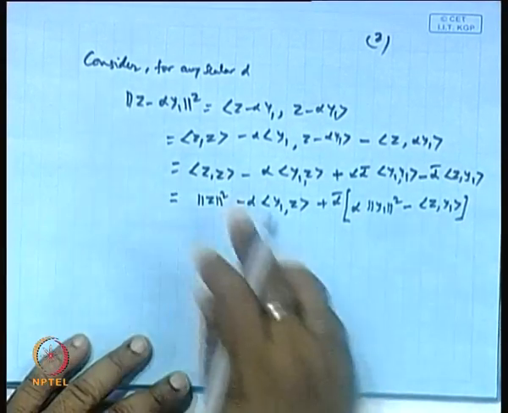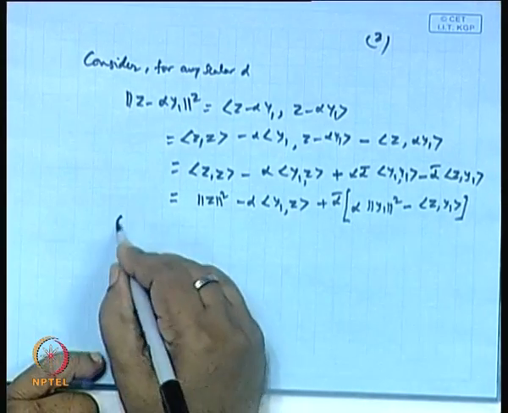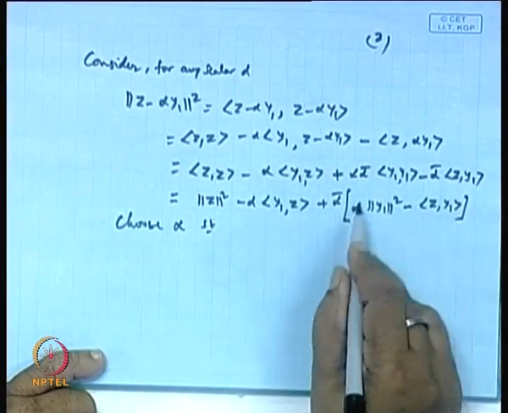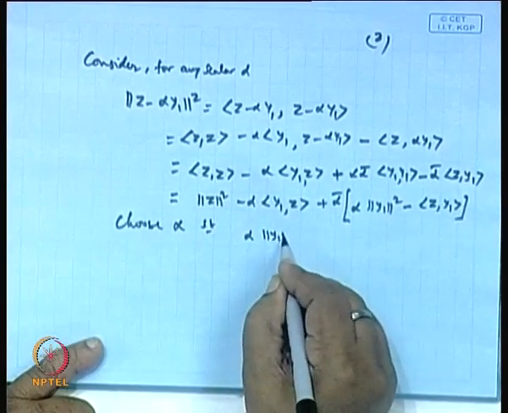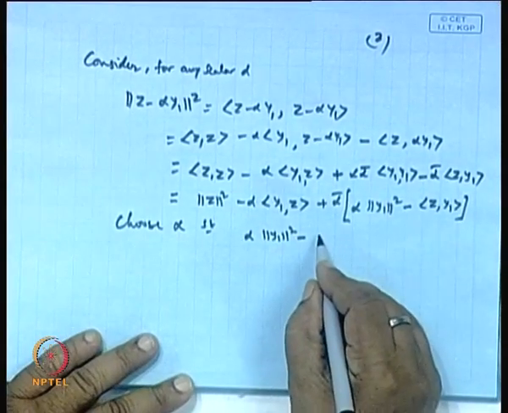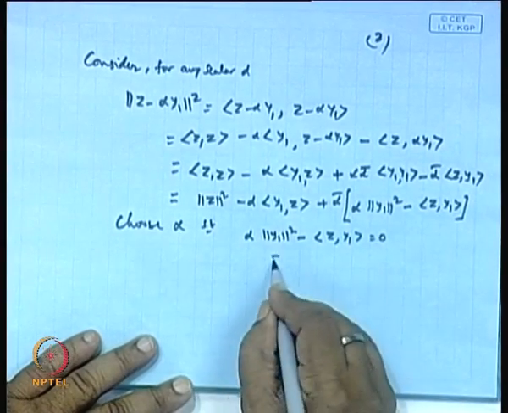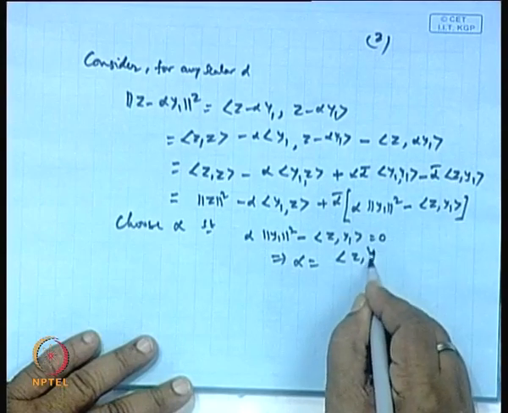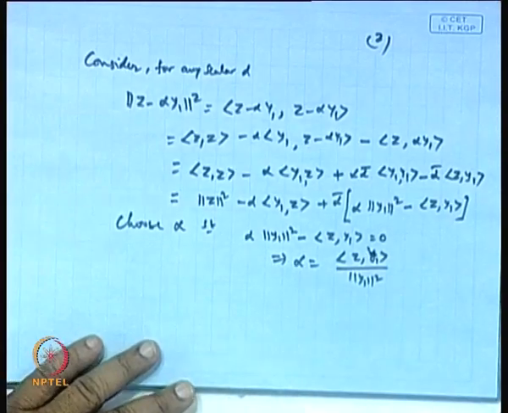Okay. Now, since alpha is our choice at our disposal, choose alpha such that this portion becomes 0: alpha norm of y1 squared minus inner product of z comma y1 is 0. So, what we get is alpha equals the inner product of z, y1 divided by norm of y1 squared.